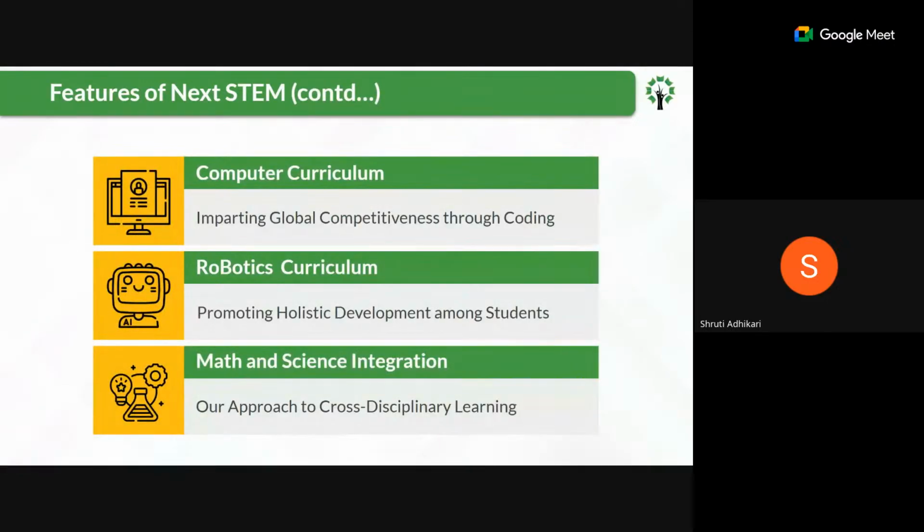So these are the features of our Next STEM curriculum. Our Next STEM curriculum includes the computer curriculum, then the robotics curriculum, and it has maths and science integration.